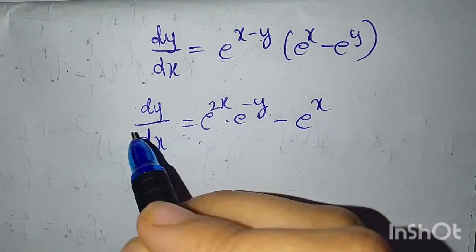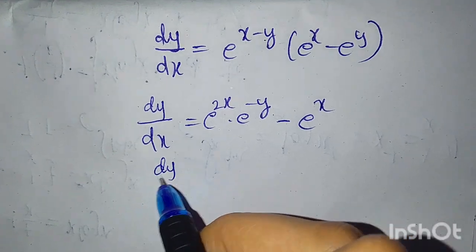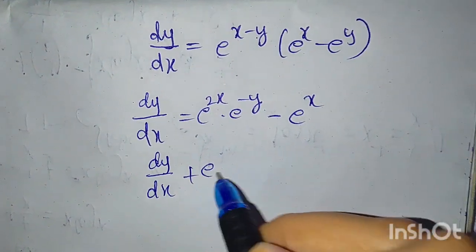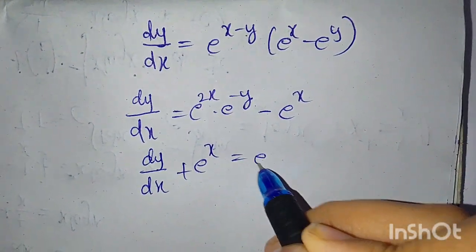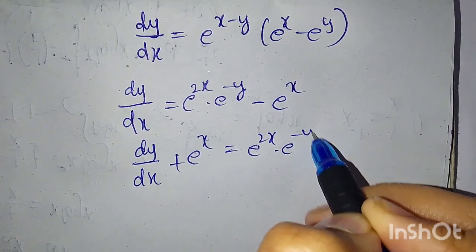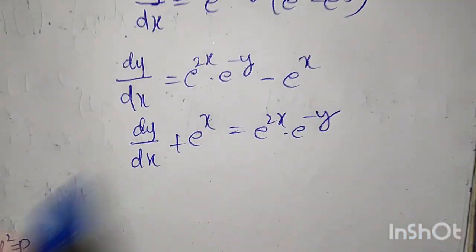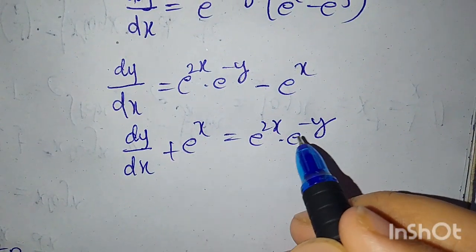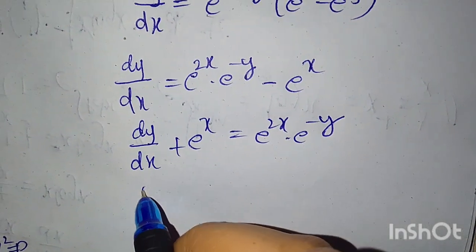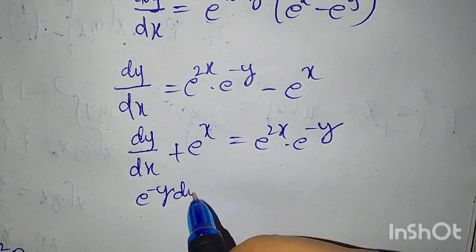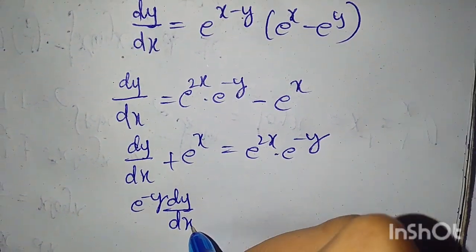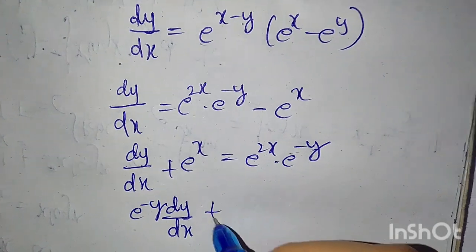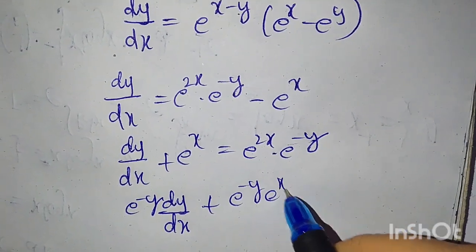So now if I bring this side, dy by dx plus e power x is equal to e power 2x into e power minus 5. And if I bring this side again, e power minus 5 into dy by dx plus e power minus 5 e power x equals e power 2x.